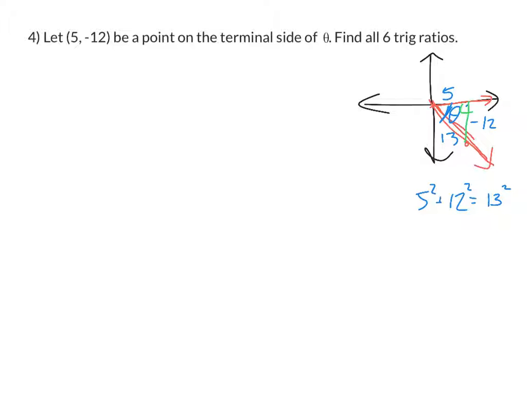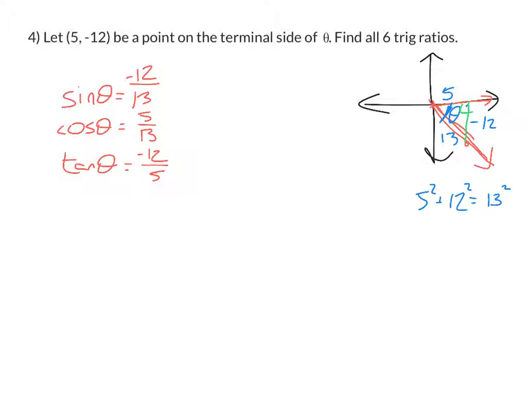And let's do our trig. So sine theta. Opposite over hypotenuse. Opposite is -12. Hypotenuse is 13. Cosine, adjacent is 5, hypotenuse is 13. Tangent, opposite is -12, adjacent is 5. And then the reciprocals.